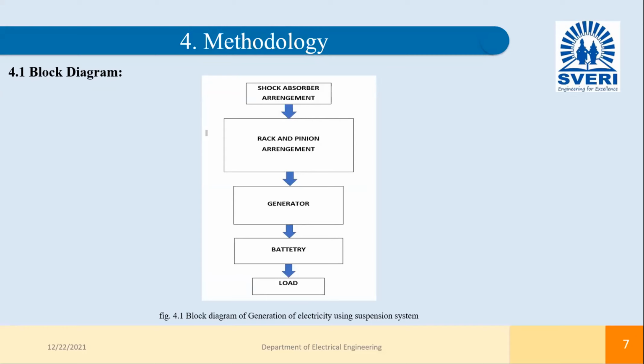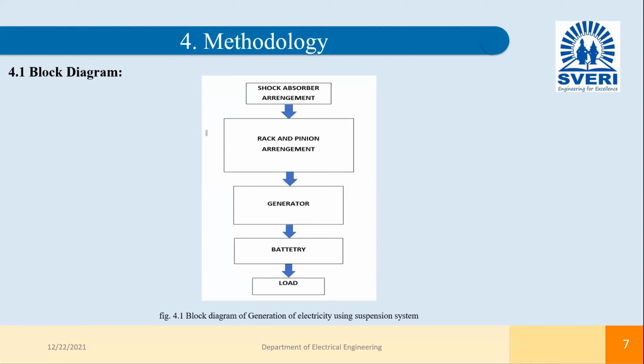First of all, the shock absorber takes the shocks that arise on rough roads and speed breakers. The shock absorber is attached to the rack and pinion. The rack and pinion sense that vibration and convert the linear motion into rotating motion.